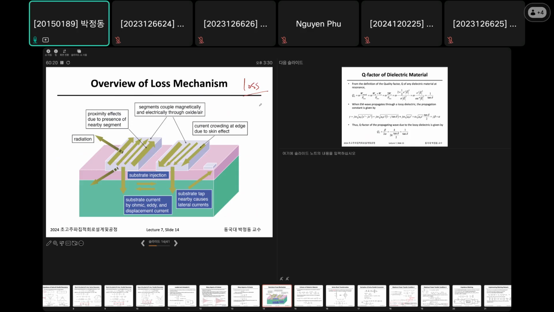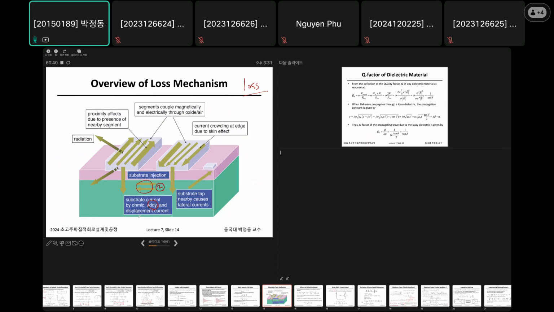The first one is substrate loss, caused mainly by two currents. One is eddy current, which is magnetically induced current.